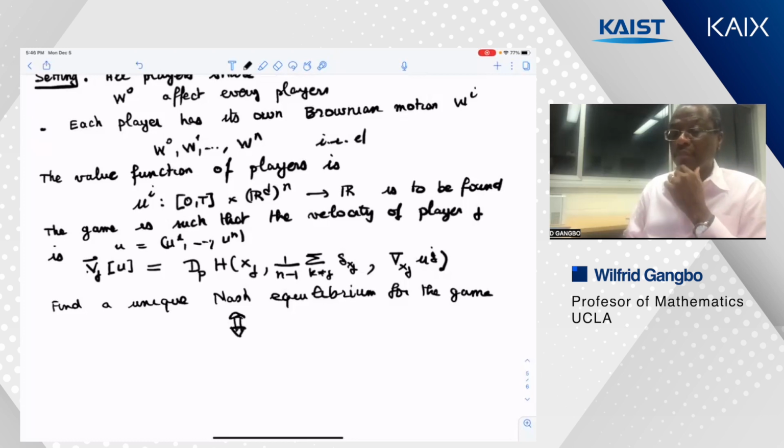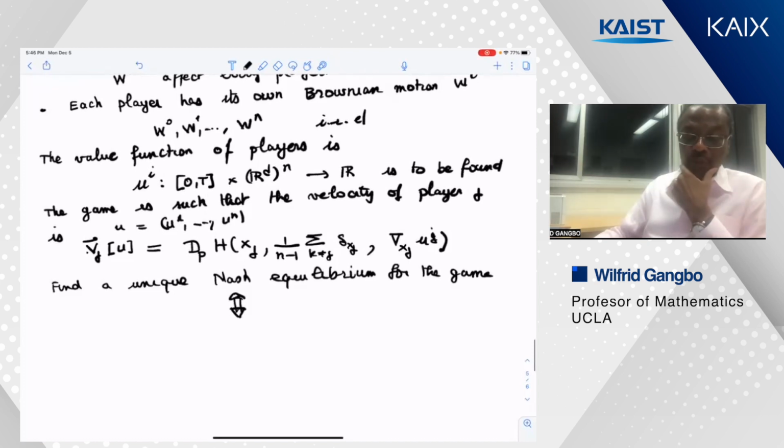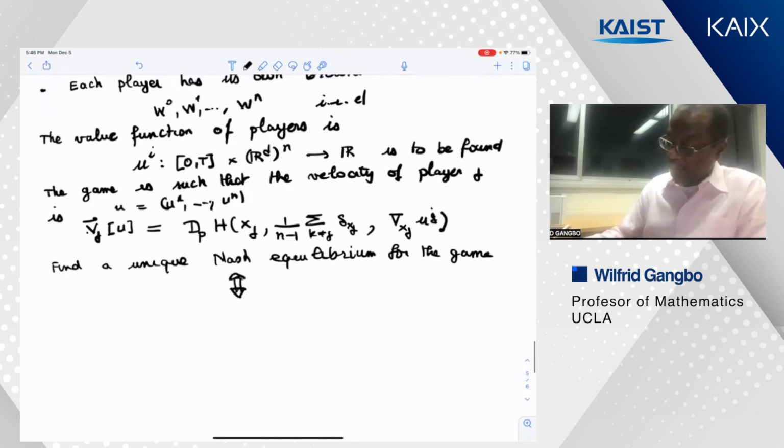So you may either be interested in the game formulation, the game aspect, but you may be interested in purely the PDE aspect. I'm going to call it PDE, depending on n variables.